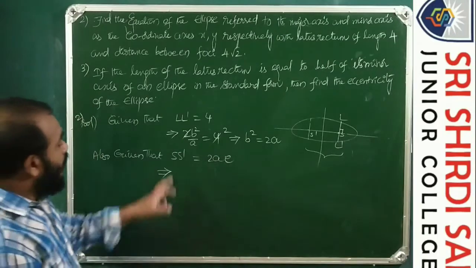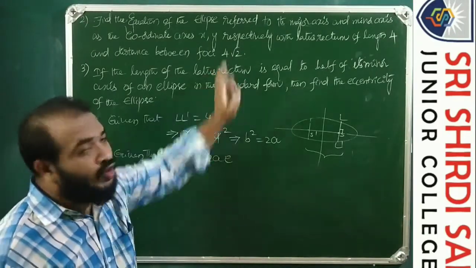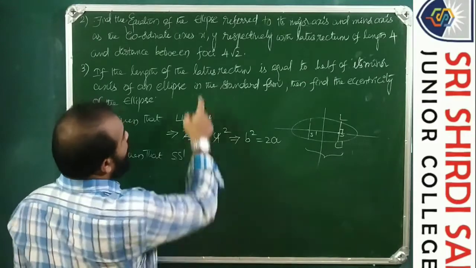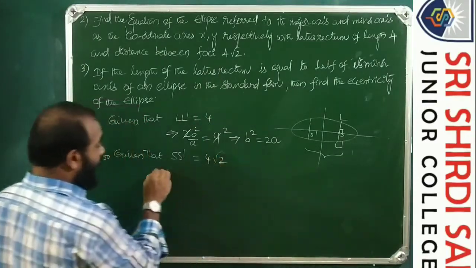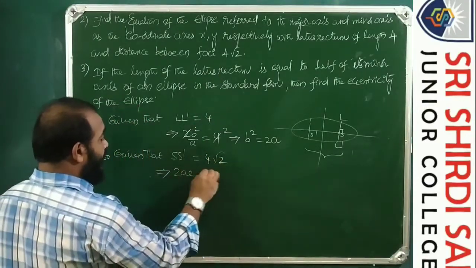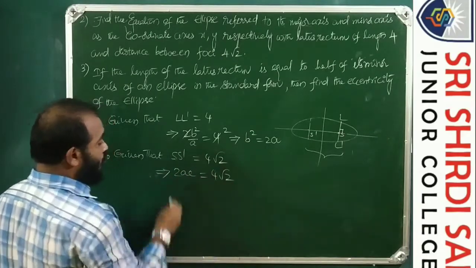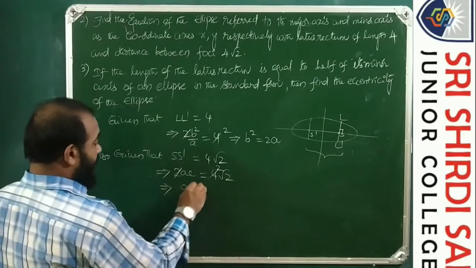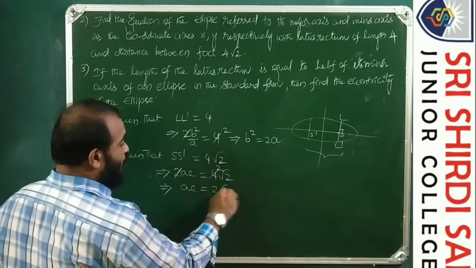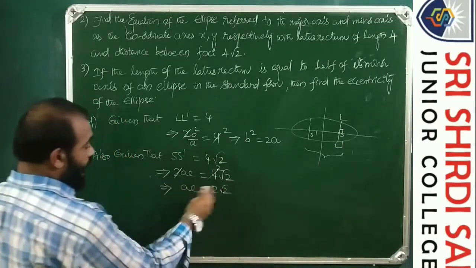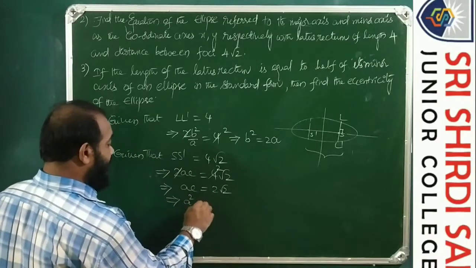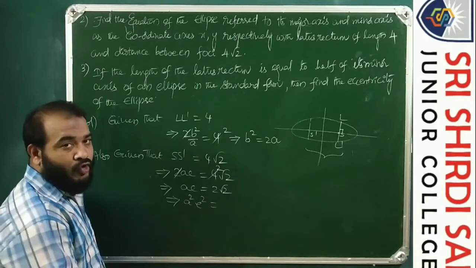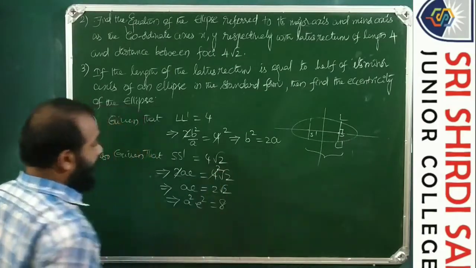SS dash is 4 root 2, so 2ae equals 4 root 2. So ae is equal to 2 root 2. Squaring on both sides, a square e square equals 2 root 2 whole square, that is 4 twos are 8.